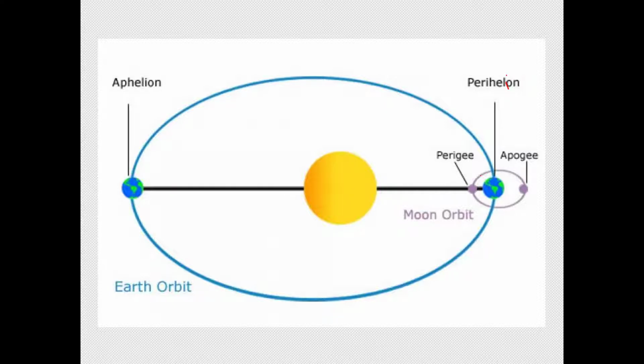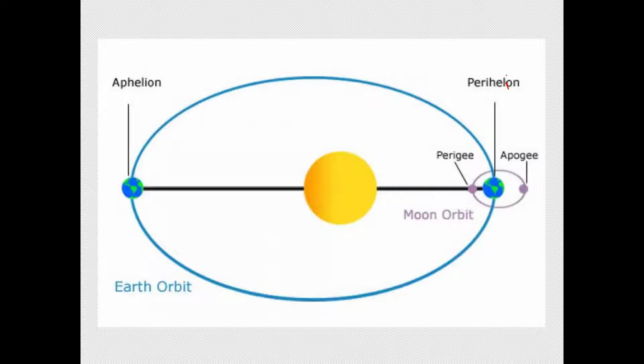And then similarly, it takes about 1 month, about 27 and a half days, for the moon to rotate around the Earth. And so there are time periods when the moon is actually a little bit closer to the Earth in a given month, and that's called perigee. And when the moon is farthest from the Earth during any given month, that's called apogee.